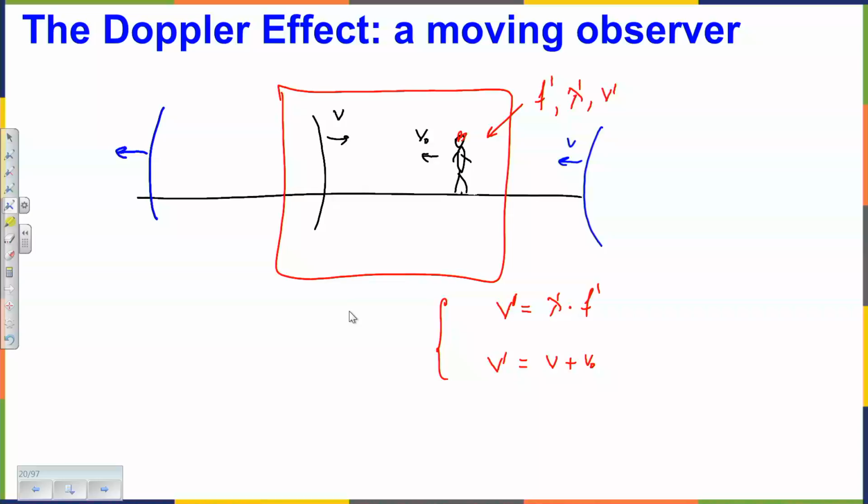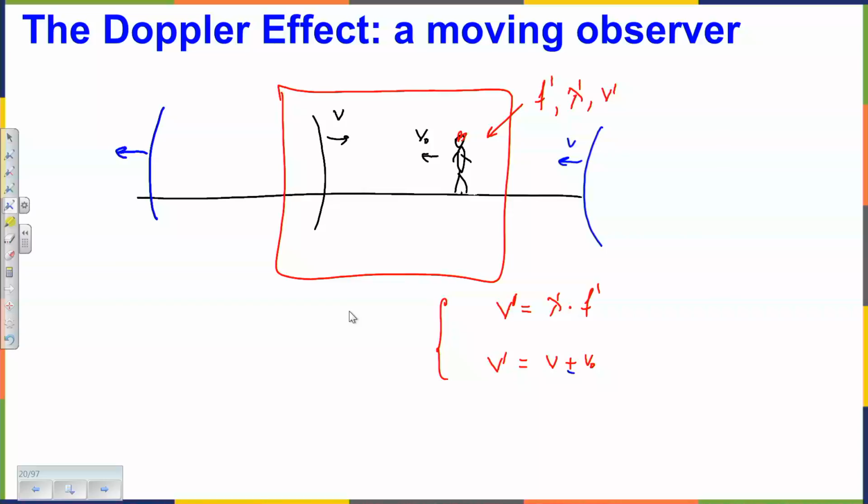That's what makes sense. Those wavefronts travel in the same direction, and they are catching up with the observer, hitting the observer, generating the sound. But now the observer, trying to escape, runs away. So now the relative speed will be less.